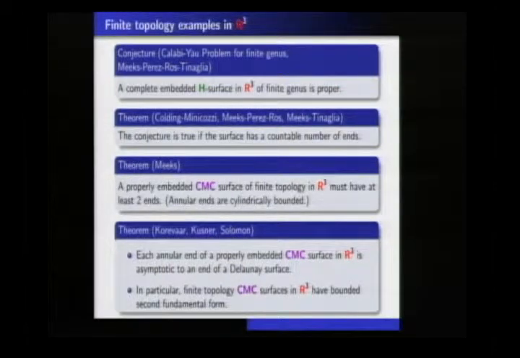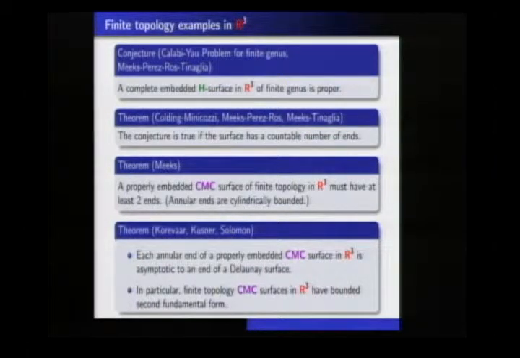If you have a countable number of ends, it's true. Once you know you have proper, then annular ends have the cylindrical boundedness property, and once they're cylindrically bounded, it's easy to see you have to have at least 2 of them. You do an Alexandrov reflection argument. So with finite topology, you have to have at least 2. And then we have this nice theorem of Korevaar, Kusner, and Solomon to say that once you know you're proper, things are good.